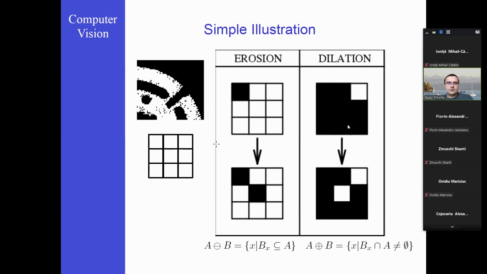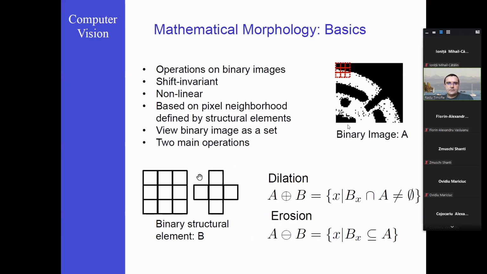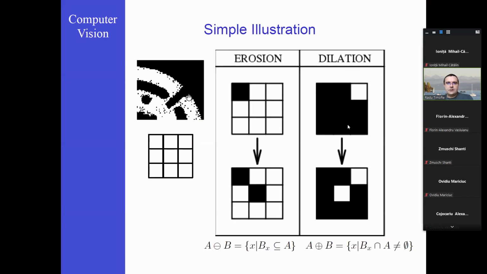So here is just a simple example for better understanding. We have this binary structural element, and here we are just applying erosion and dilation. If we are applying on this specific patch where this is the foreground and this is the background, the erosion says that we have our binary structural element applied to this.